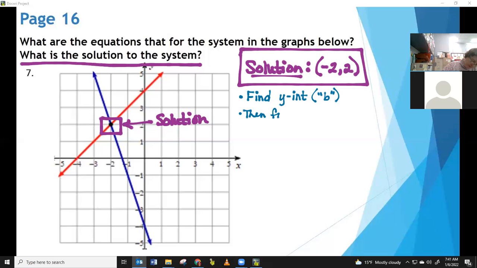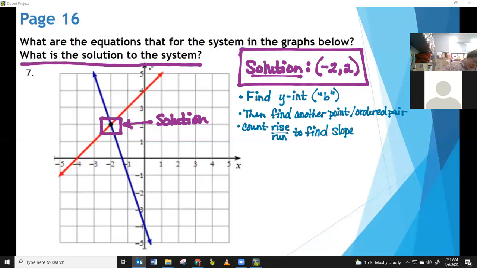Then find another point or ordered pair. You're going to count your rise over run to find the slope, which is m.